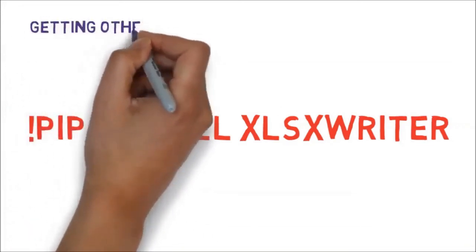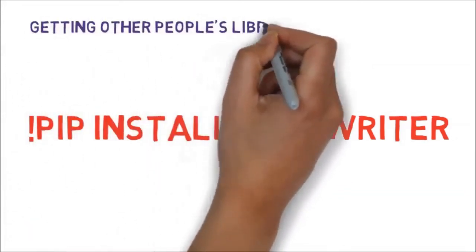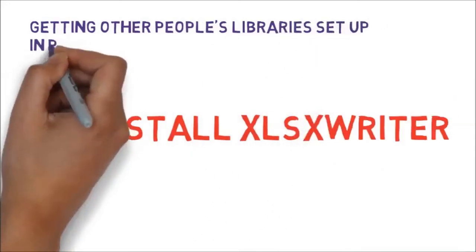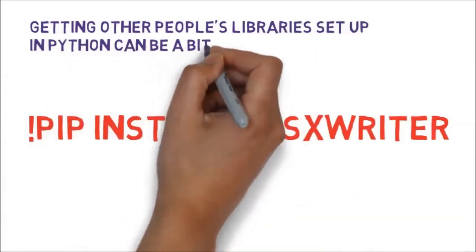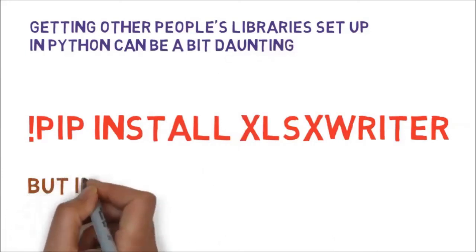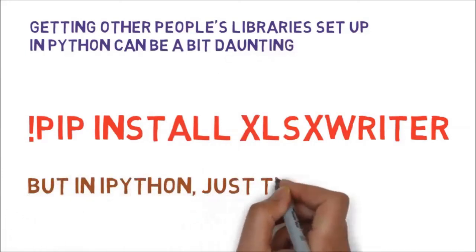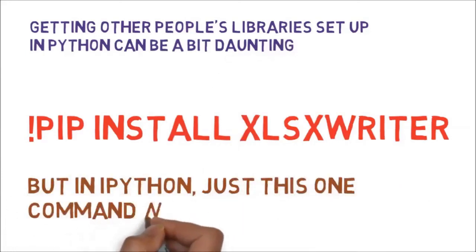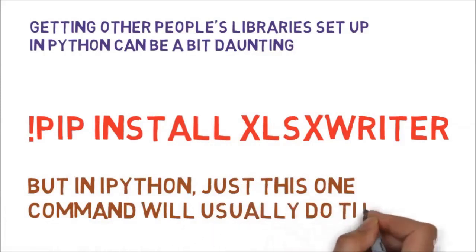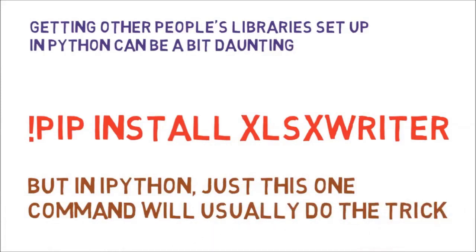Now, getting other people's libraries might seem daunting. So how do you get it so you can actually call the libraries and get it to work for you? However, pip install makes it extremely simple. All you have to do is run this one command from within your IPython, and it simply sets it up for you.